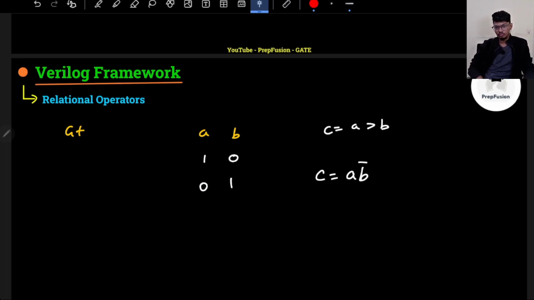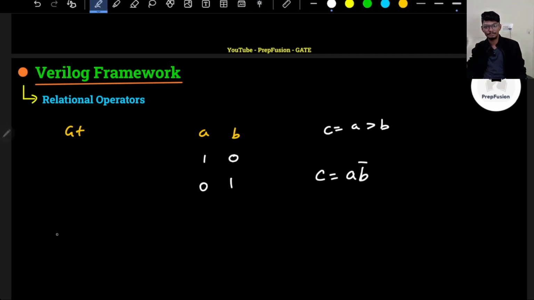So what we have checked so far is for a single bit. Now what about multiple bits? How do I solve for multiple bits? So for multiple bits, c will be equal to, let's say I have a 4-bit number.